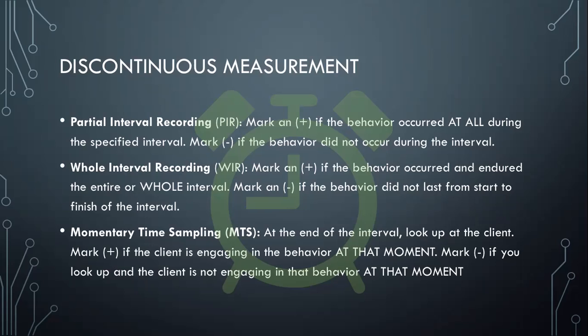Whole interval recording, on the other hand, requires that behavior to be going on for the entire interval. So back to our 10-second interval, if I'm smacking my head for the full 10 seconds, you put the plus sign. If I'm only smacking my head for 9 seconds, you do not mark it.